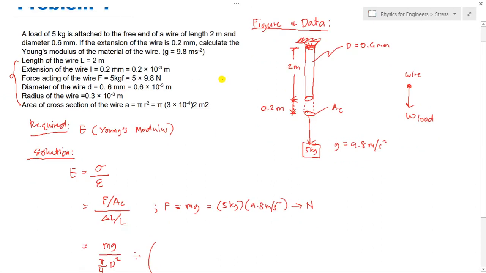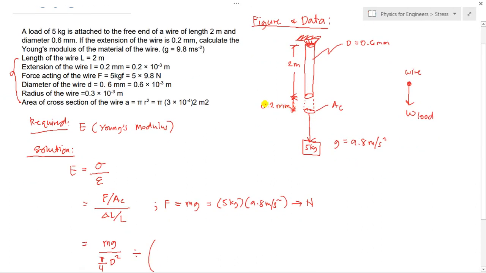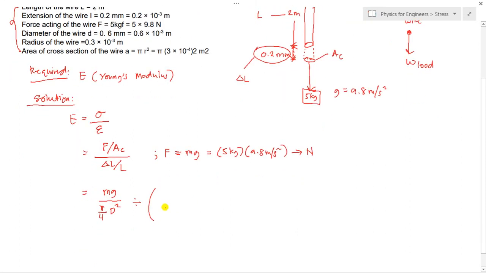Okay, mm siya. So this is our delta L, and then this 2 meter here is our length. So therefore delta L is 0.2 mm all over our length. Original length is 2 meter.